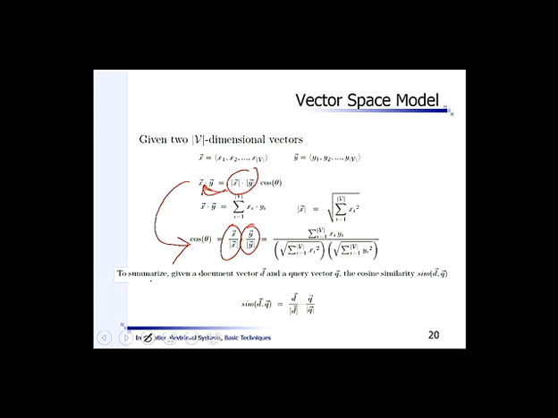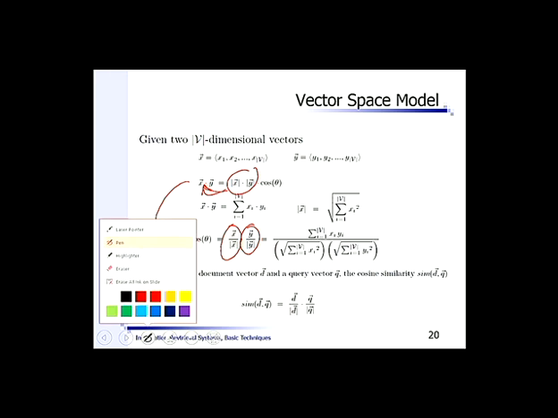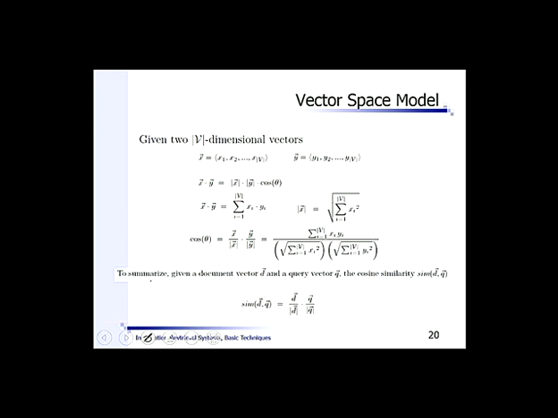In the next step, x dot y can be replaced with this formula: the sum of products of all the components in x and y. Similarly, for magnitude, I can take this formula and move it here for x, and similarly for y. So it is a very simple formula, simple manipulation.